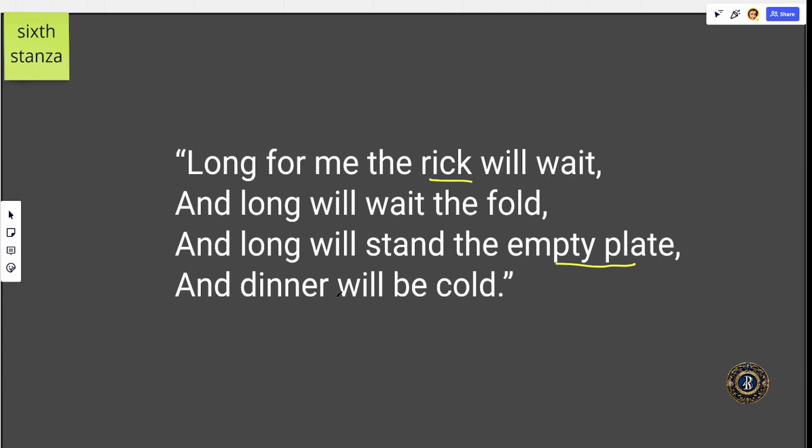And dinner will be cold. And tonight he is not going to go home, and his dinner is going to be cold. Now here cold suggests the distance in the relationship. Now the relationship between the mother and the son is going to be a strained one because of this heinous crime.